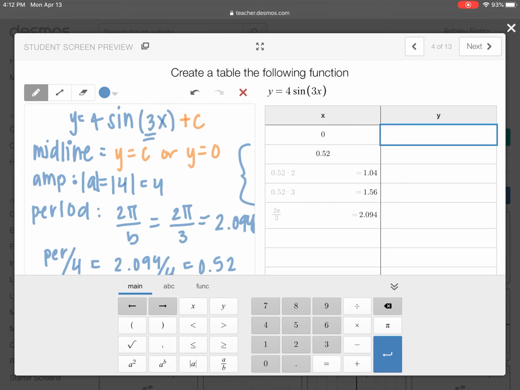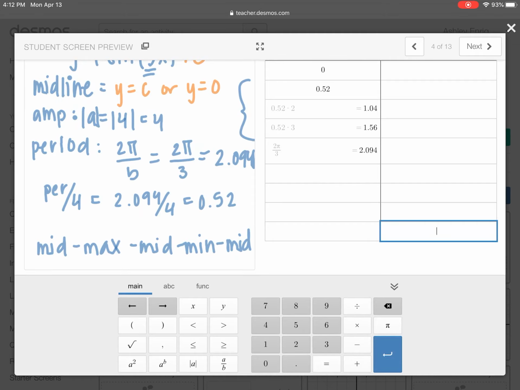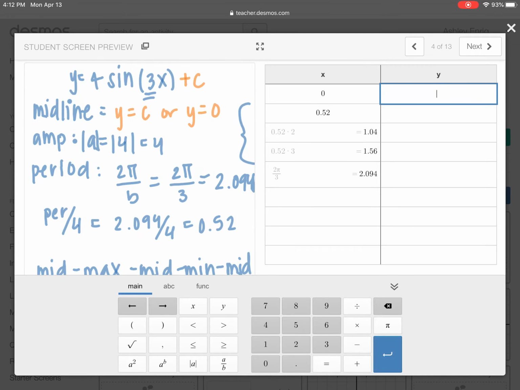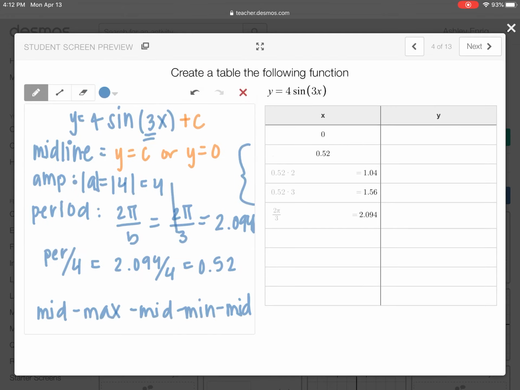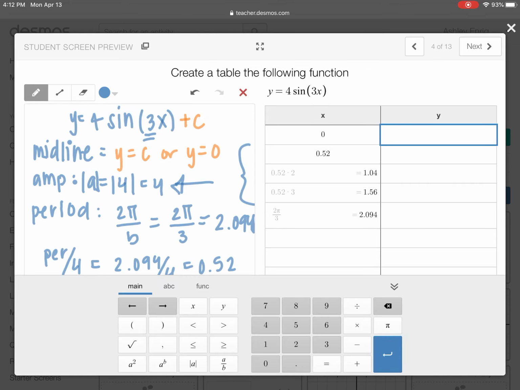Now to determine those y values. So instead of taking our graph and writing out our max and our min and all those things, we know that given your amplitude here, and your midline being 0, we need to go 4 above and 4 below 0. So following our 5-point pattern, the first point we're at our midline, which is 0.